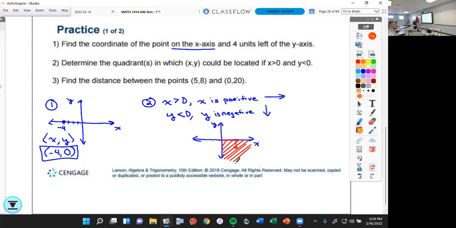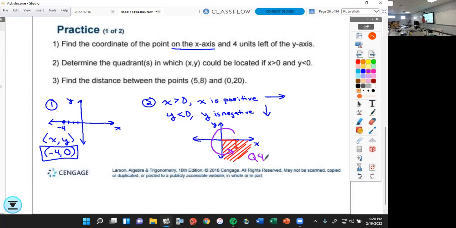So because it doesn't say equals 0, I know for sure once I moved over and then down, that definitely puts me in this lower right quadrant. So what quadrant am I in? Well, let's count. Draw your C, quadrant 1, 2, 3, quadrant 4. So the answer to number 2 is we are in quadrant number 4.